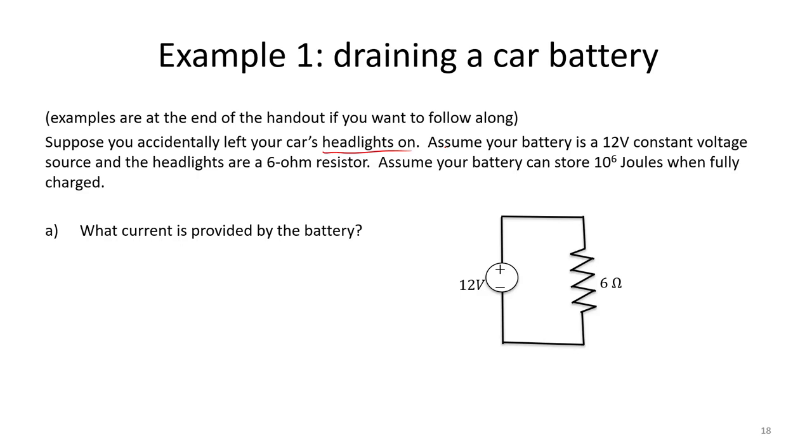And so we assume our car battery is a 12-volt ideal voltage source, and our headlights are a 6-ohm resistor. And we also are told to assume our battery can store 1 million, or 10 to the 6 joules, when fully charged.